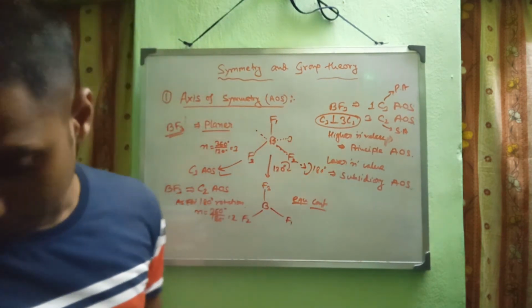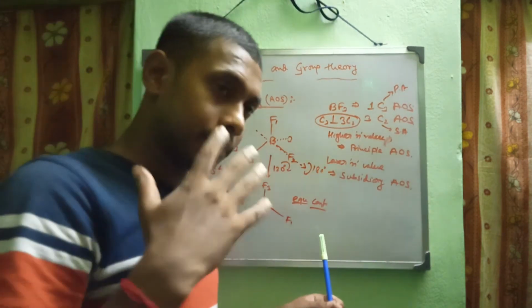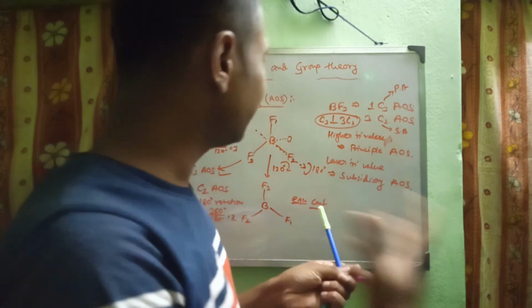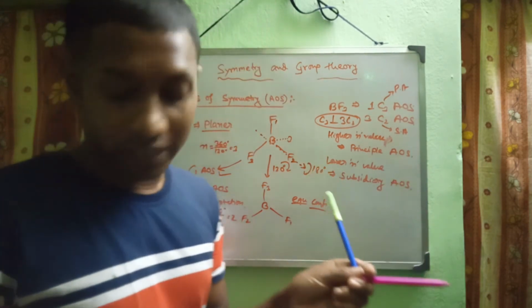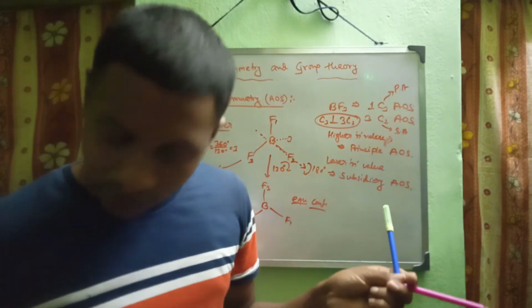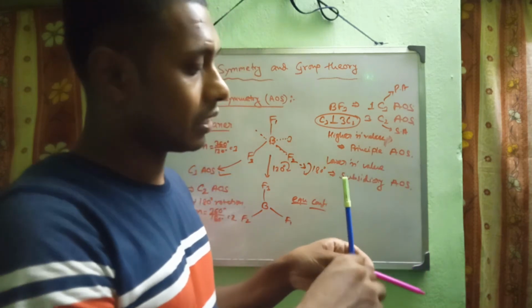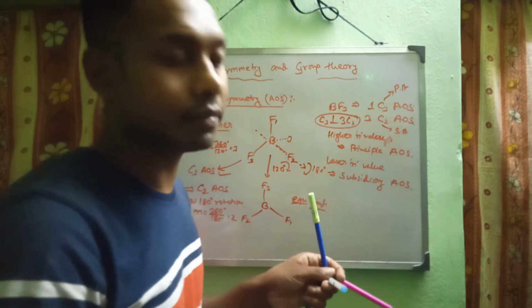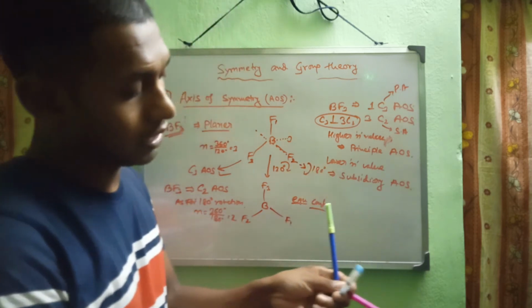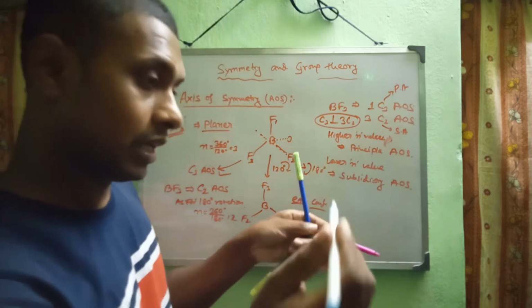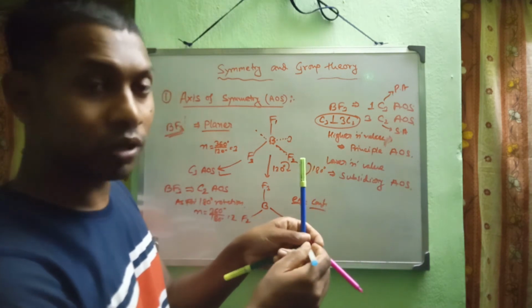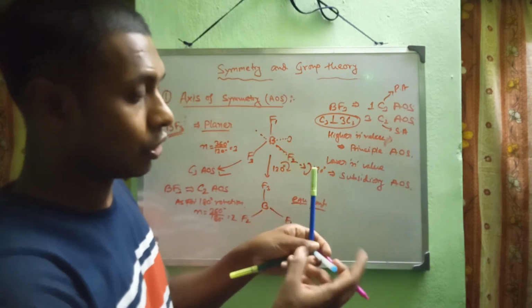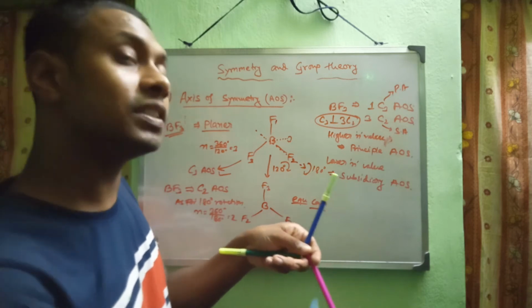Clear? Now in a simple way, the number of atoms that change position during rotation is the value of n. For example, if this is BF3, during rotation of 120 degree angle through this boron atom, all the 3 atoms change their position.